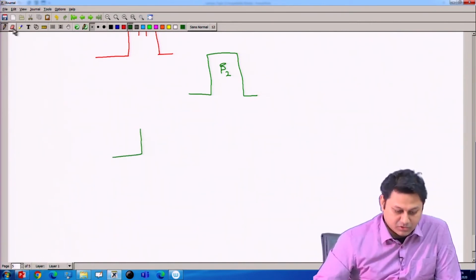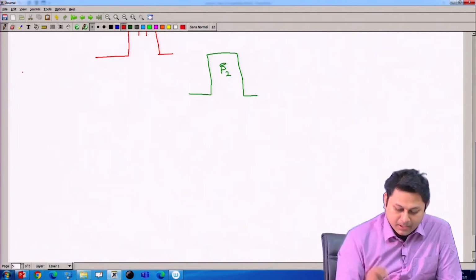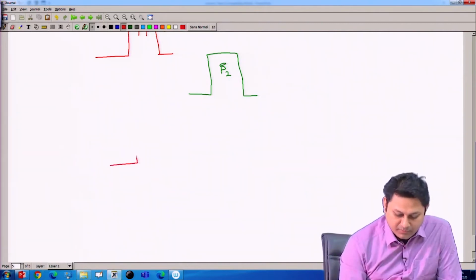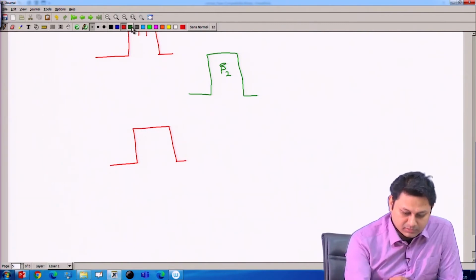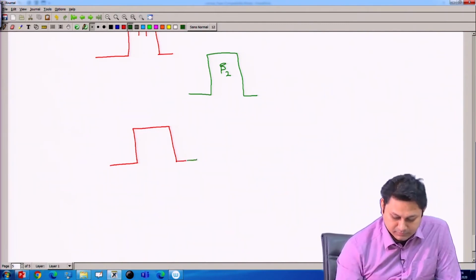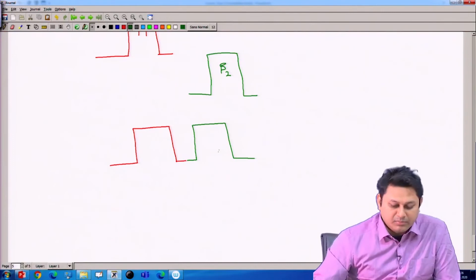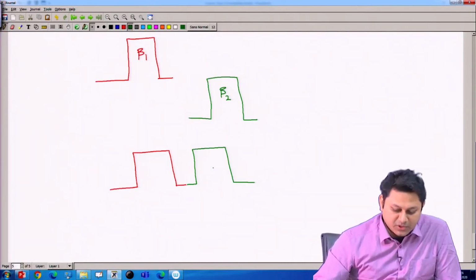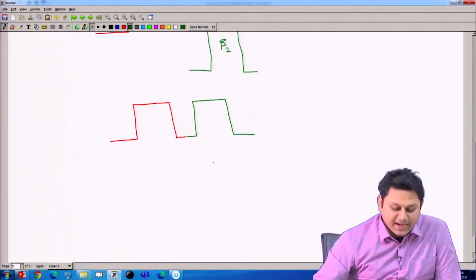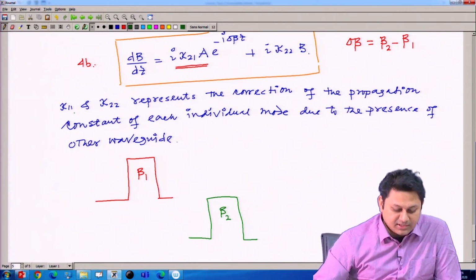Sorry, let me draw in a logical way. Now, instead of having one waveguide, I am having both waveguides together. So, now this beta 1 and beta 2 are going to change because of the presence of the other waveguide, and that change, this correction, is given here.